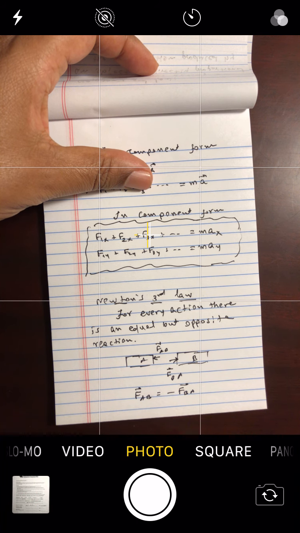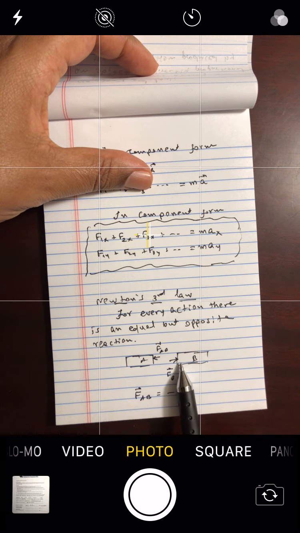When two objects exert force on each other, such as in a collision, the force exerted by one object on the other is equal but opposite in direction to the force exerted by the other object on it. In other words, both forces have the same magnitude but opposite direction.